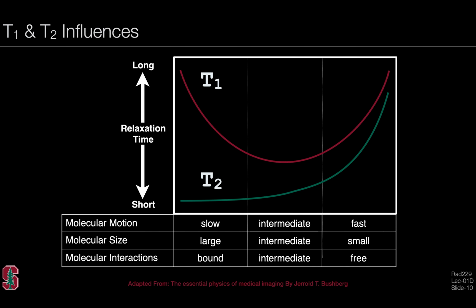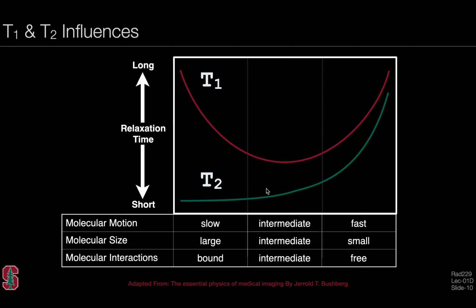So here's a diagram borrowed from Bushberg's book on the essential medical physics, just showing how T1 and T2 change roughly as a function of molecular motion, molecular size, and molecular interactions. And so we have long T1s in some circumstances, and short T1s or T2s in other circumstances.